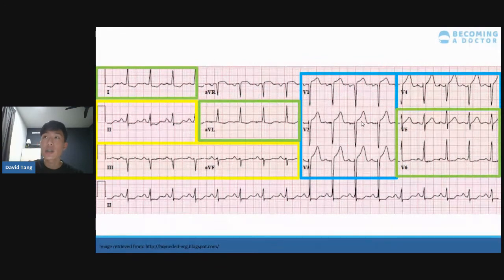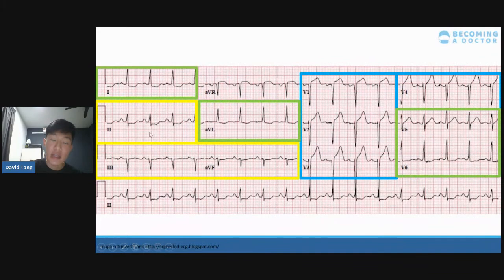And how you would correlate that to the anatomy is that anterior myocardial infarction patients tend to have occlusion at the left main stem or the left anterior descending. If the patients have, for example, anterolateral, again, that could be high in the left main stem, or the patient could have a circumflex artery issue or occlusion leading to lateral ST elevation.